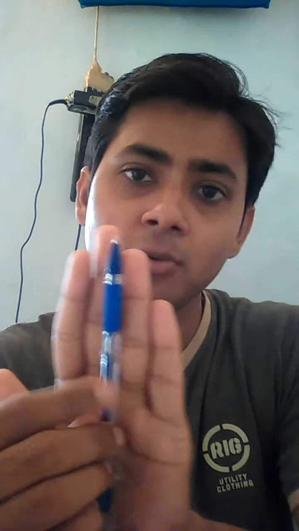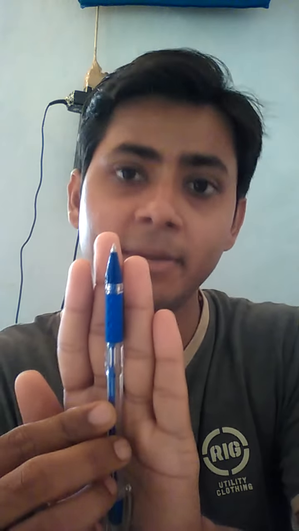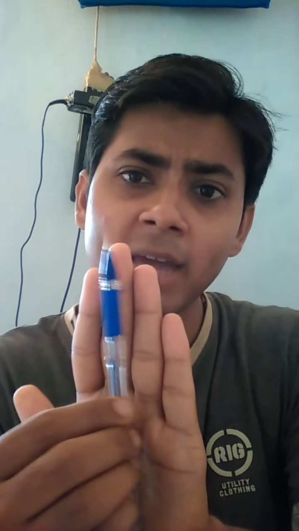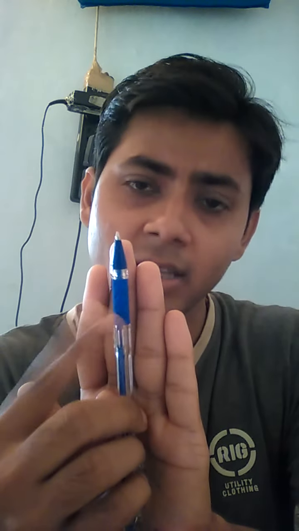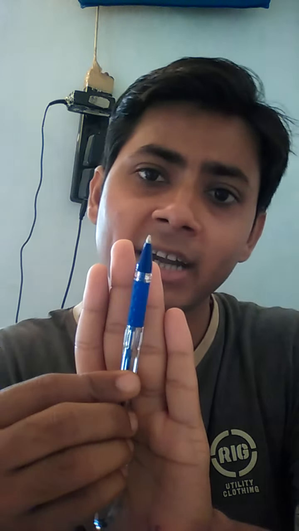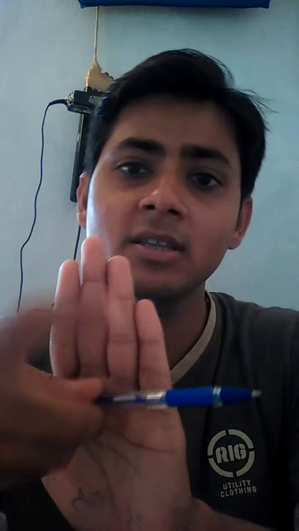Suppose both of these are put in the external applied magnetic field. Before applying the magnetic field, this magnetic moment is in one direction, but after applying the magnetic field, the magnetic moment changes its orientation or direction.